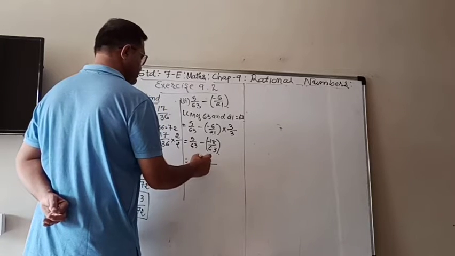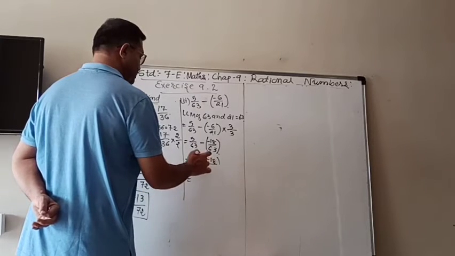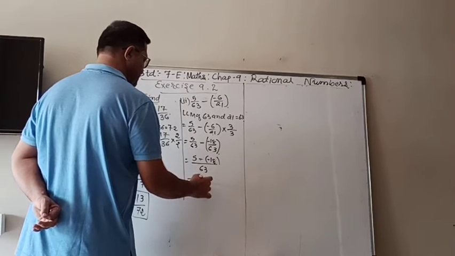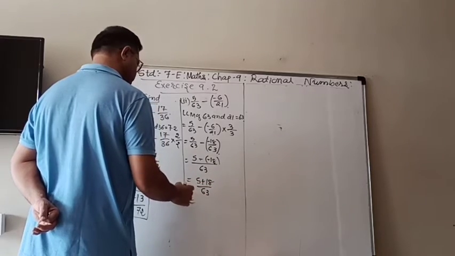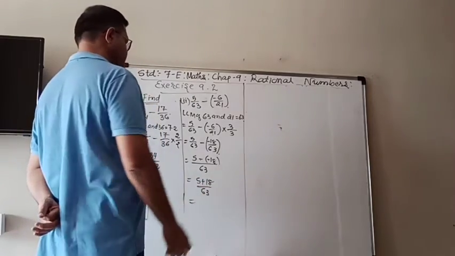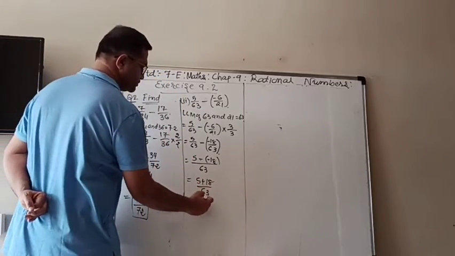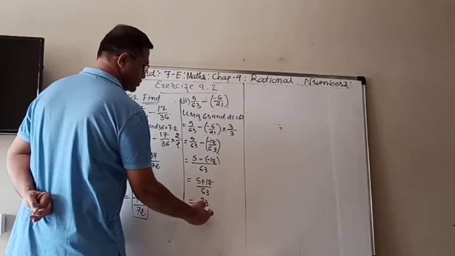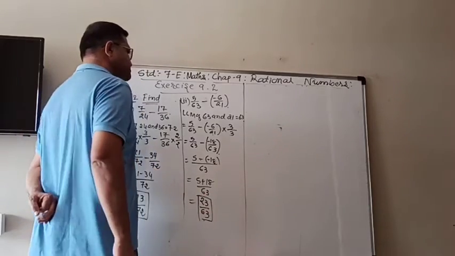So 5 minus 18. You can do minus becomes plus, so subtraction converts into addition. 5 plus 18, 23. So the answer is 23 upon 63.